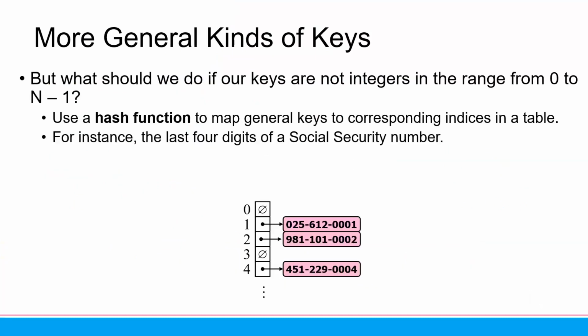But there is another, more general kind of key. What if our keys are not integers? In the previous examples, we know that the keys are 1 or 9 or 13, so numbers.